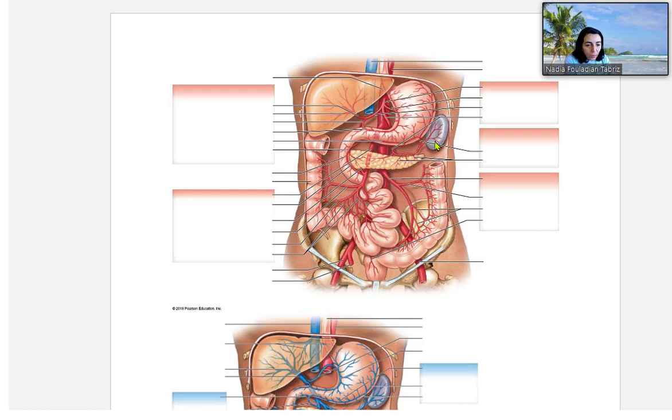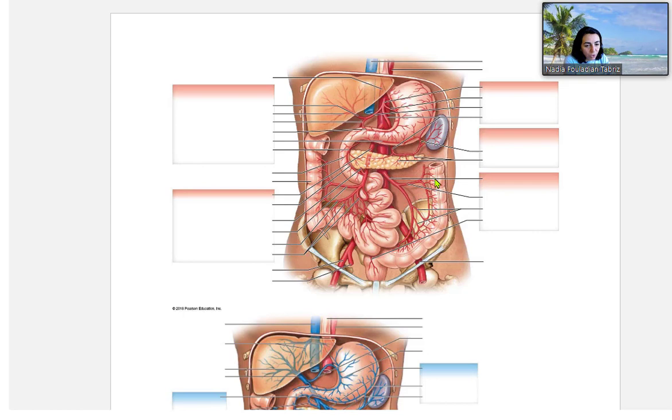So from here, if you put a cut here after the transverse, actually from the end of the transverse colon that you have it here for the last third of the transverse colon, and the rest of that descending colon, sigmoid colon, and rectum, they are supplied by another branch of the aorta that we call it inferior mesenteric artery. This one, right?